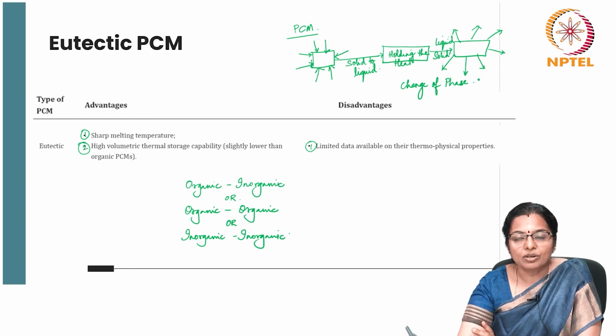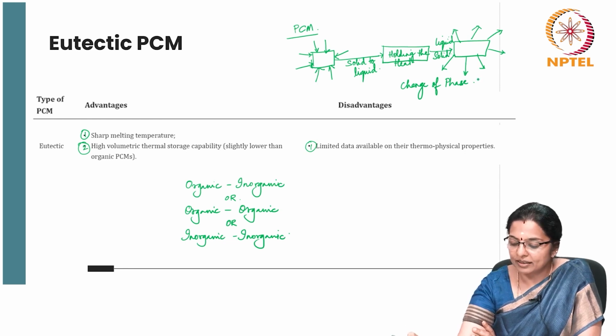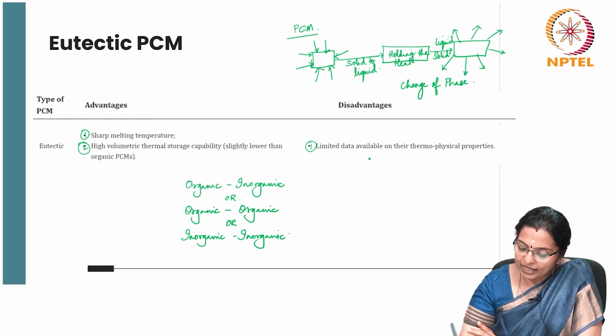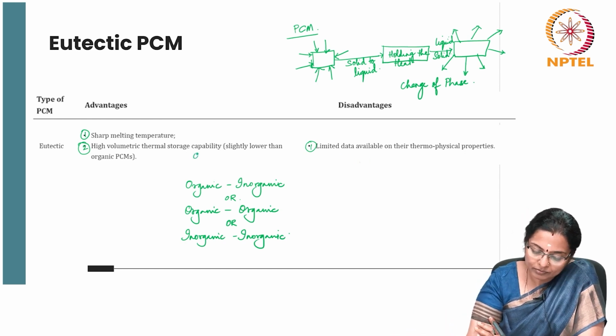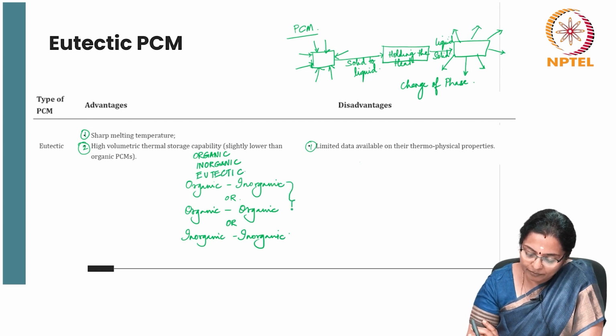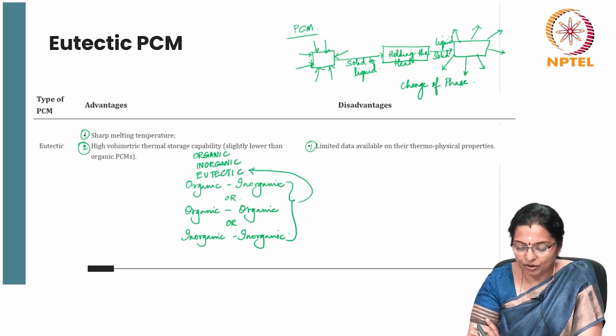We also saw that there are three types of phase change materials: organic, inorganic, and eutectic, which is nothing but a combination of organic and inorganic.